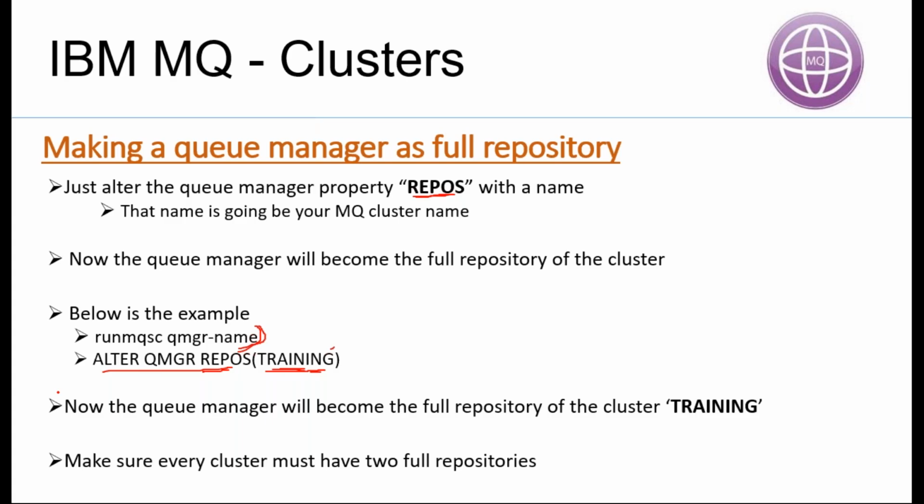The full repository is the only one that has all the information of your cluster, like how many queue managers, how many objects, and how many channels are there in the cluster. Everything is managed and controlled by your full repository. If your cluster has only one full repository and it is down, it's a big problem. So it's highly recommended to have two full repositories, so that if one full repository queue manager goes down, there is another full repository to manage your cluster.